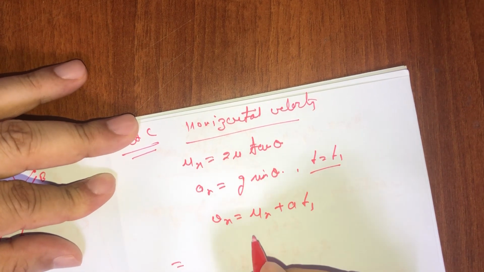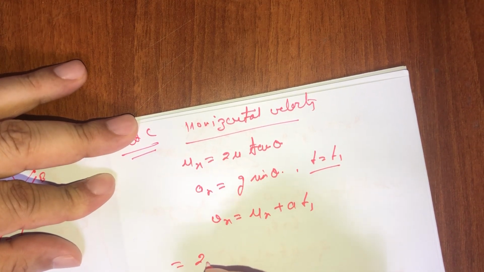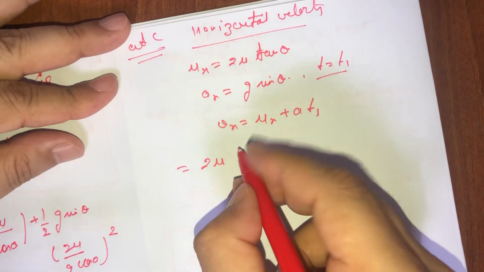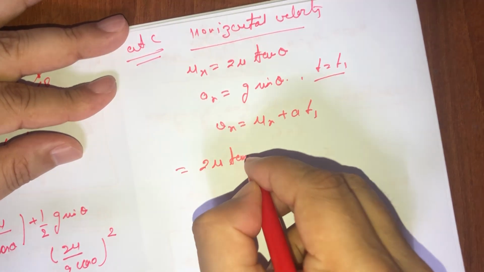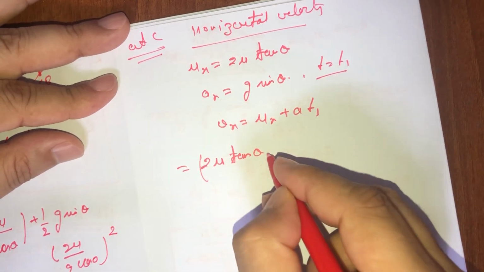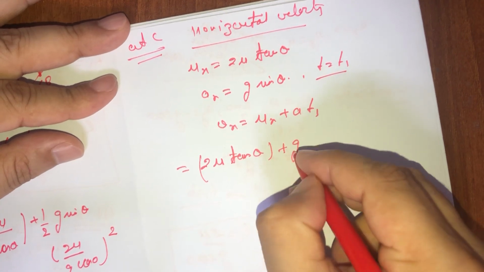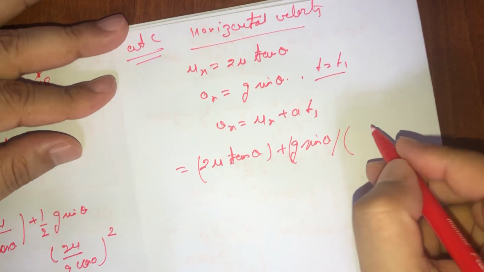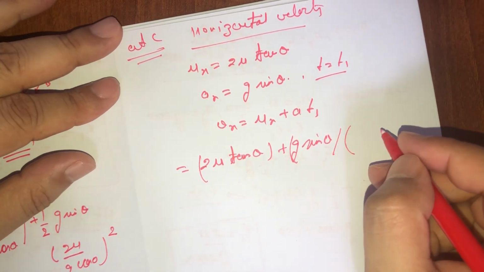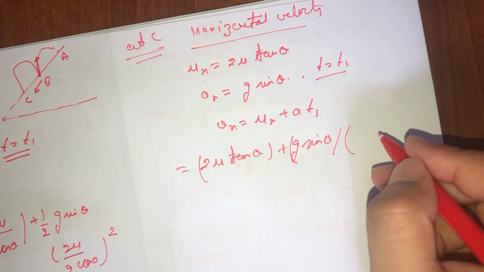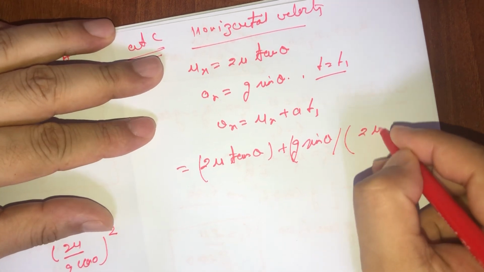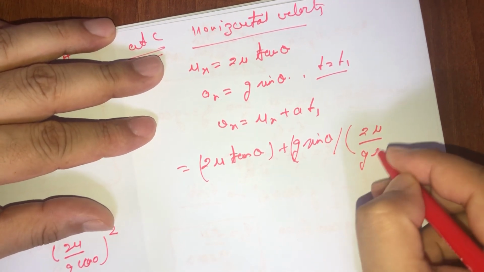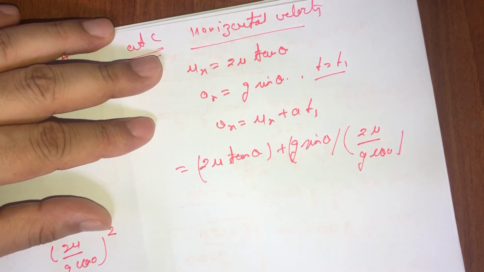Substituting, ux is 2u tan theta, plus g sin theta, and t1 we already know is 2u over g cos theta.